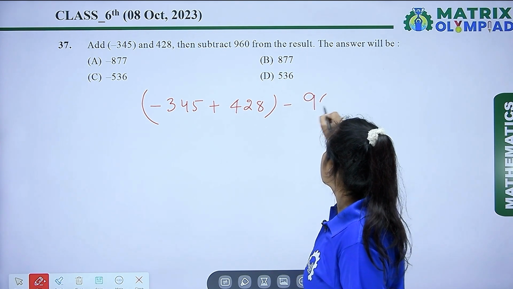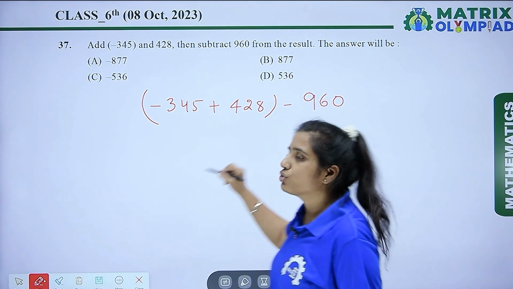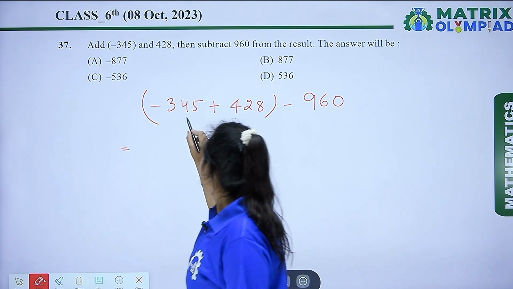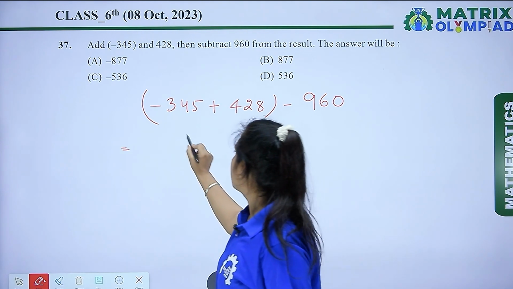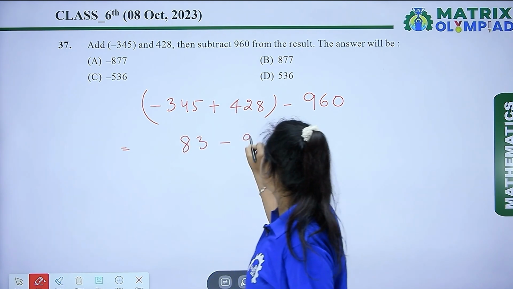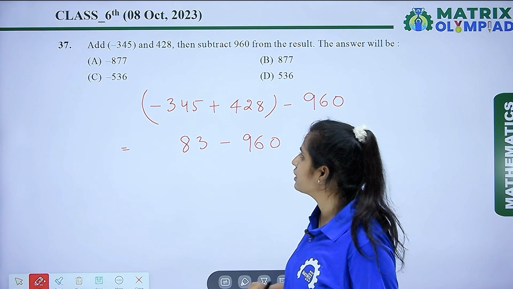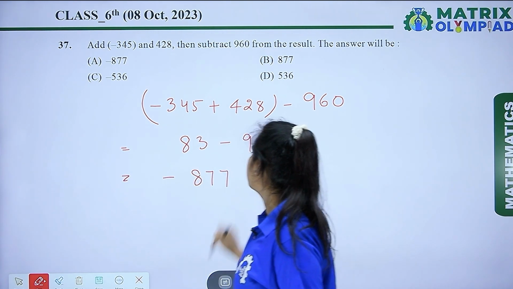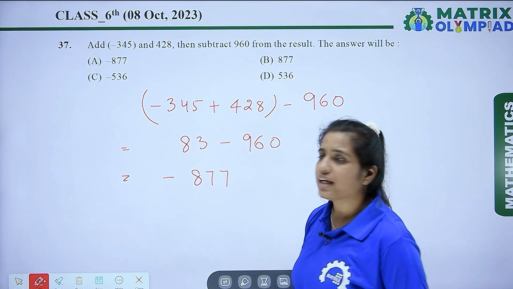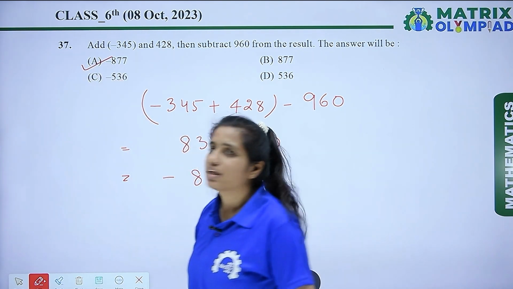So minus 960. So let's calculate it. -345 plus 428 gives us 83 minus 960. So the result will be -877. So our correct answer is option A.